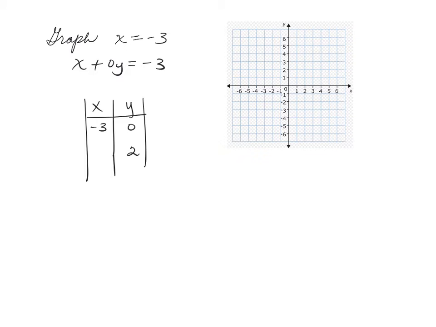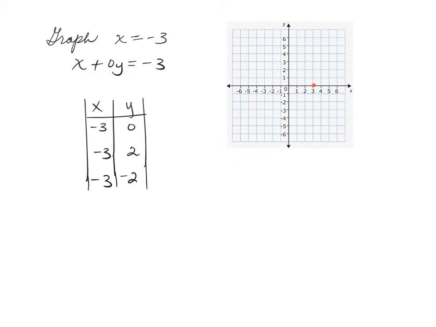If y is 2, then x is negative 3 because you're plugging in points for y. If y is negative 2, guess what x is? Negative 3, because that's what the equation says. X is negative 3.